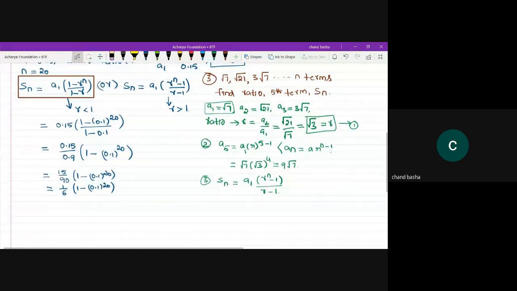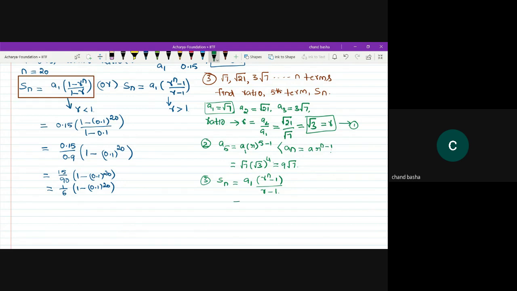But sometimes in competitive examinations, clearly he will specify which one of the following formulas are used, if R is less than 1, if R is greater than 1, if R is equal to 1, something like that. So you should be restricted, guys. It's very easy, because R value more than 1 means you will get the positive quantity, sum of n terms.